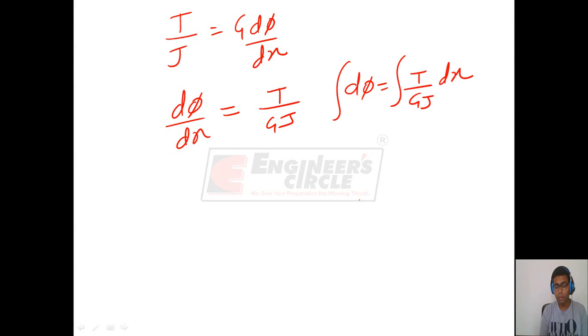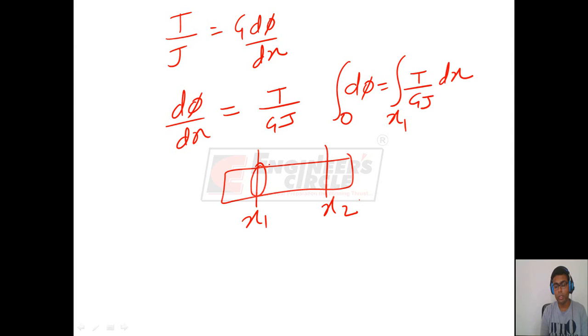Integrating it, suppose this is the shaft. Consider this portion x1 and this section x2. When the section is x1, let the angle of twist of this shaft cross section be phi 1, and at x2 the angle of twist is phi 2.